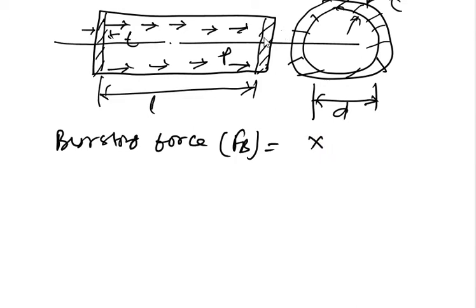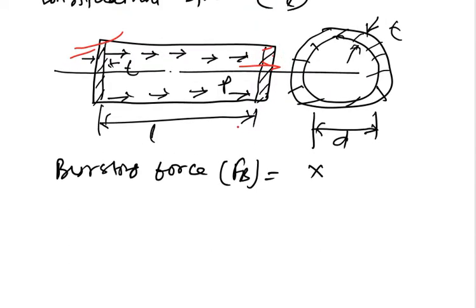Because the pressure is applying in this direction, at this end you will have one circle, and this end also you will have one circle. Pressure is acting over here, so force is acting over here. So what will be the area? Area will be the circle of pi by 4 d square. That is equation number 1.